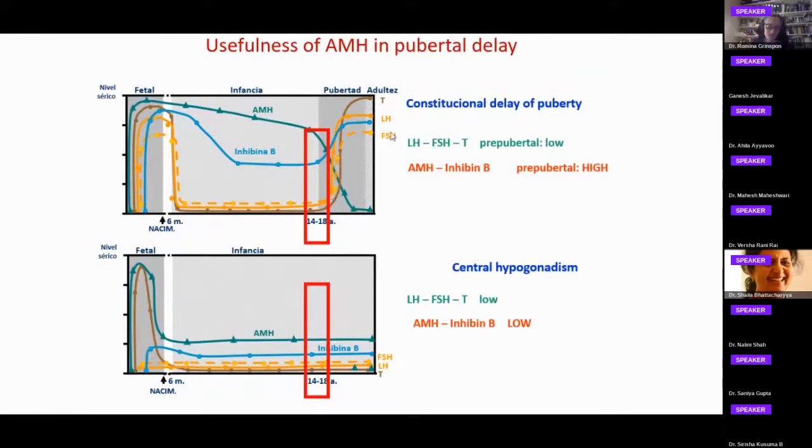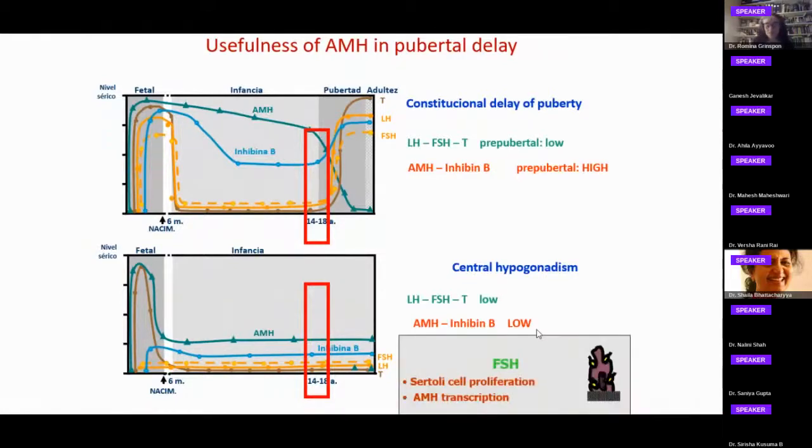In contrast, in a patient with central hypogonadism, LH, FSH, and testosterone will be low, but AMH and inhibin B will be very low also. Why? Because, as I already told you, FSH is essential for Sertoli cell proliferation and AMH production, and the boy with congenital central hypogonadism was exposed to abnormally low levels of FSH since birth.